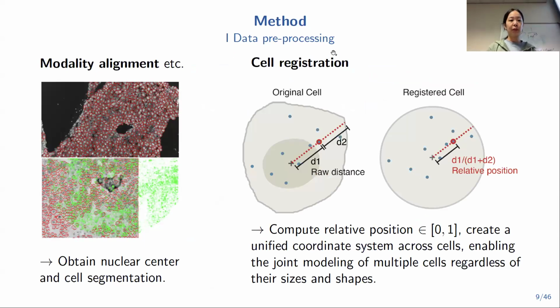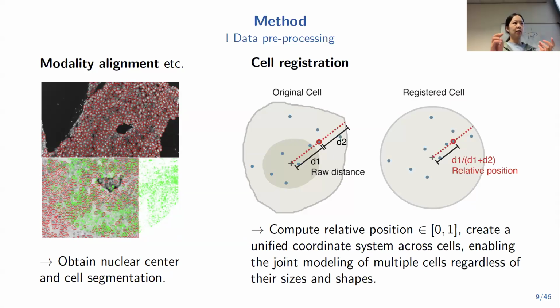So the first step is preprocessing. The very first thing we do is modality alignment, because the transcriptomics data usually come with staining images. And those staining images are usually more informative to provide the cell segmentation information. So we got cell segmentation information from the accompanied images. And this is a sequencing-based technology.